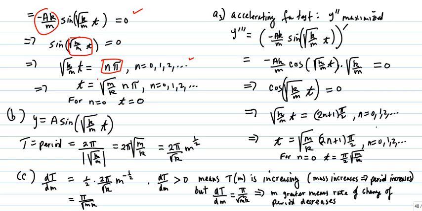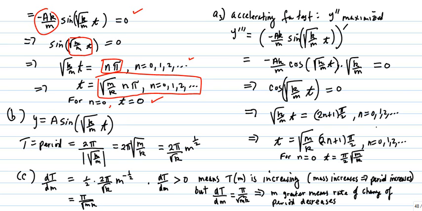So you simplify that out and solve for t, and you get this. And in particular, they just ask for one time where the velocity is maximum, and that's at n equals 0, the simplest time. t would be 0 then.